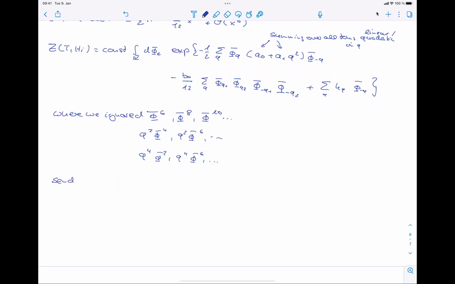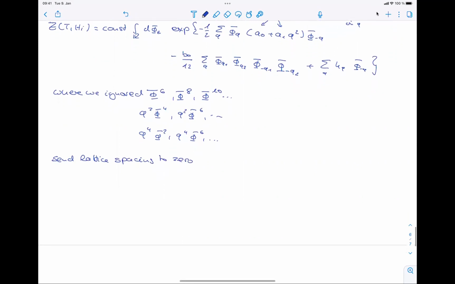Now we send the lattice spacing to 0. And so then finally our integration over all field components defined on lattice sites becomes this functional integral over the field states.